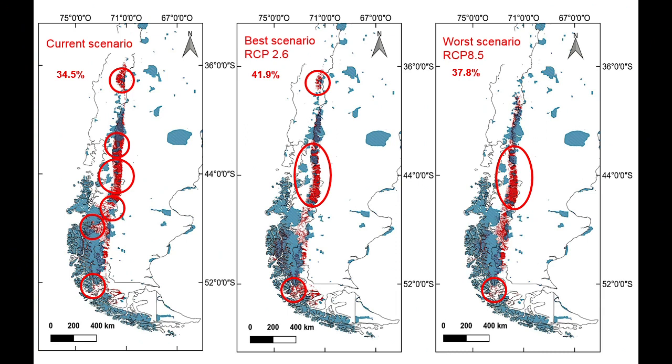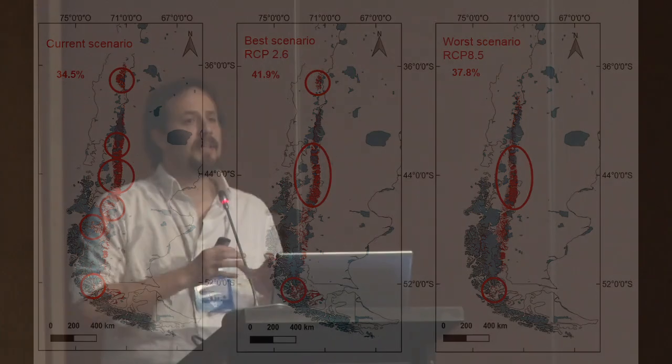Now, if we overlap this with the protected areas in Argentina and Chile, we see that there is an apparent increment in the percentage of protection, and that is mostly because of the accumulation of the good habitat in the south, but it's not an increment of protected areas.